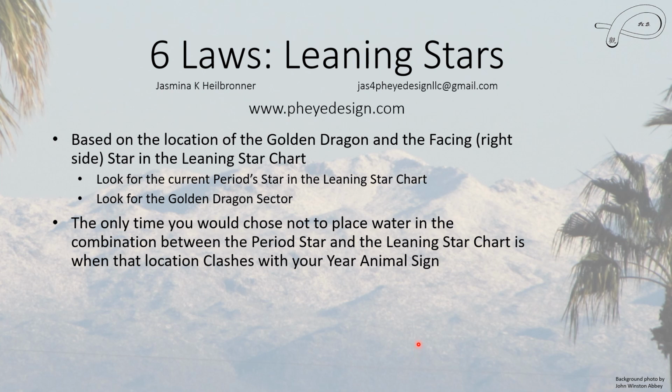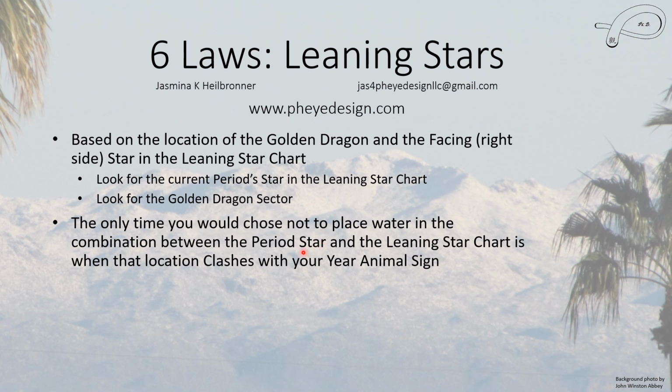Now, what I just showed you was based on the current period's chart and the leaning star chart. And you're looking for the overlap with the golden dragon sector. Now, there are times when you don't want to use this particular sector.